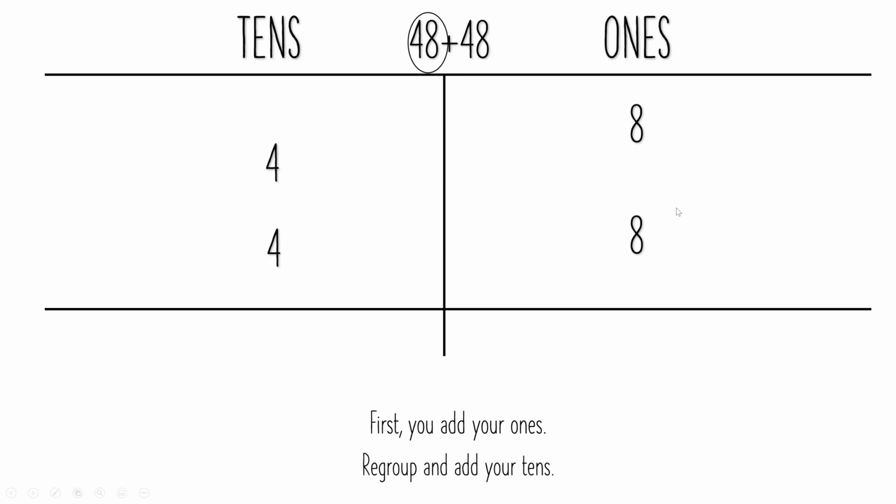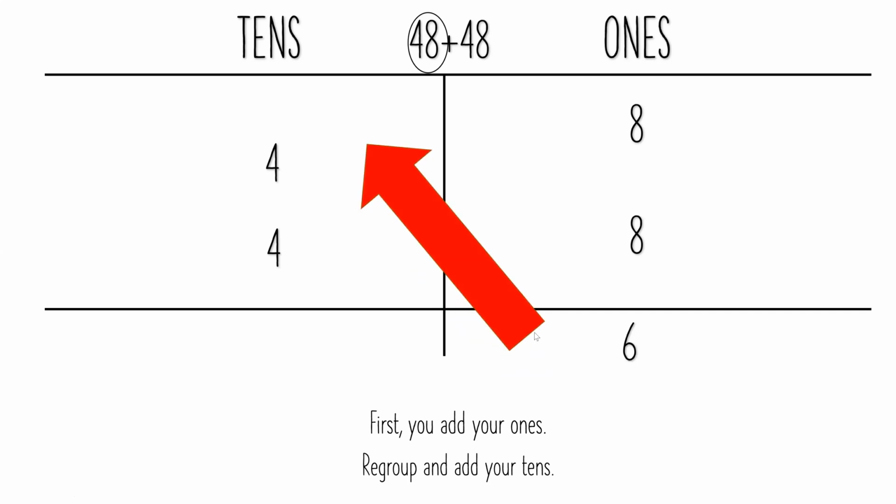Let's count up from 8. 9, 10, 11, 12, 13, 14, 15, 16. So we place the 6 in our ones and carry our 1 back to the tens place.